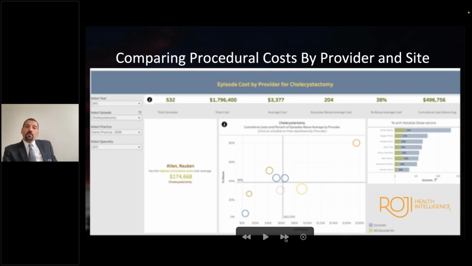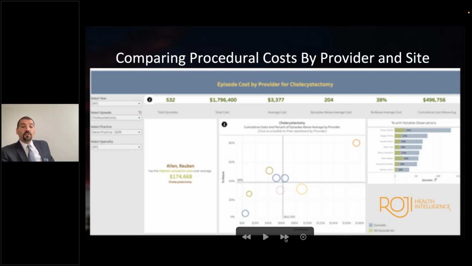You can also do this by looking at procedural costs by provider and site. So if you're starting to look at, let's say, a cholecystectomy, you want to know who your providers are who are doing them, and you want to know if there are more of what we call notable observations, which are not necessarily mistakes, but they are things that are potential drivers of cost. So you want to know if your provider's costs are sort of outside of that group.